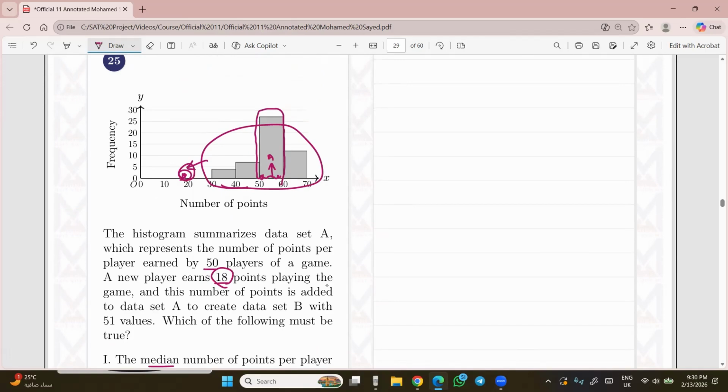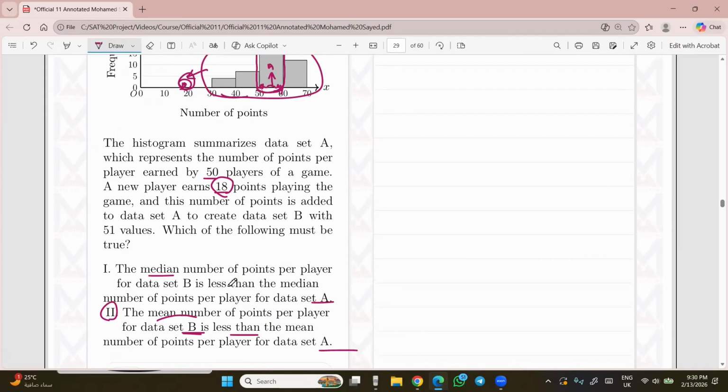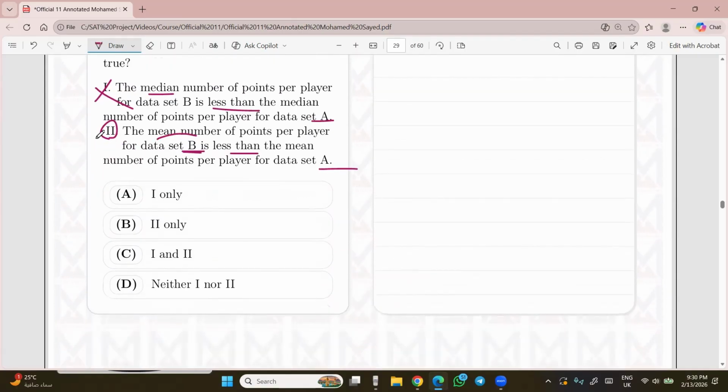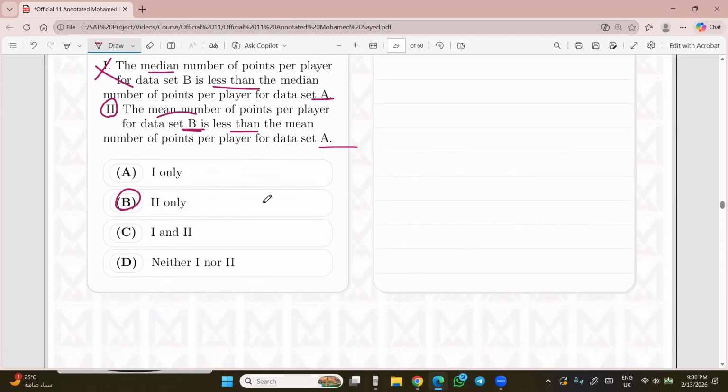It becomes 54, for example. So it's still in the same column. So the median will not be affected, will not change. So option A says the median of B is less than. No, it will not be changed. So the only answer is 2, which is letter B.